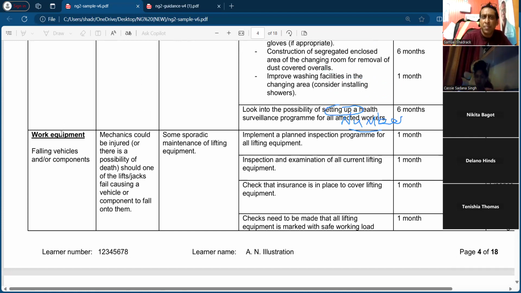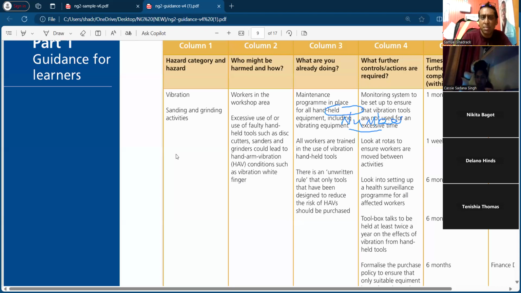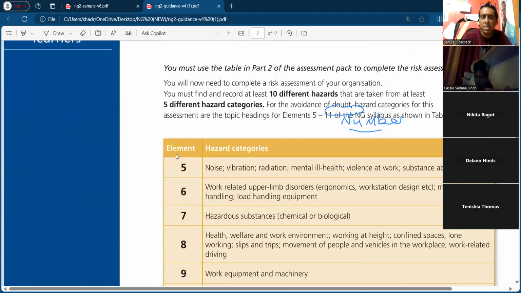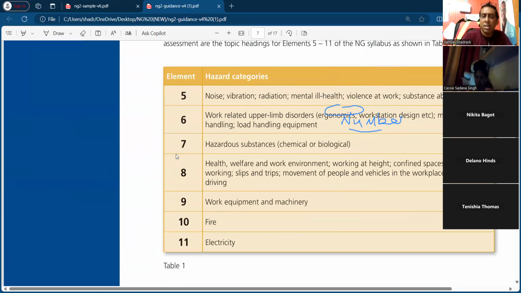They have here "work equipment," but that's really not the name of the hazard. If you go back to the guidance, which I'm sharing with you now, the hazard is actually work equipment and machinery. So something as small as that, they can fail you for that, because it's right in front of you.